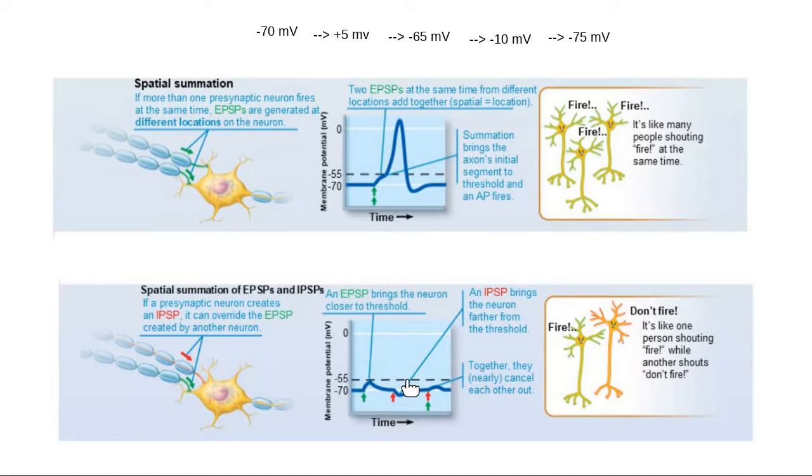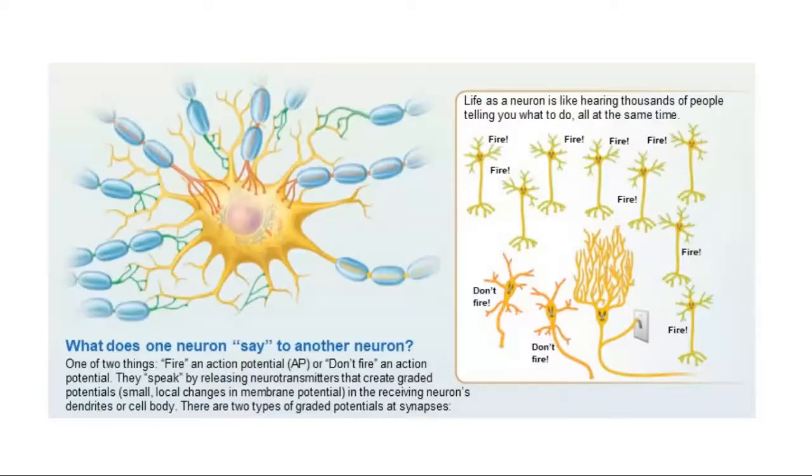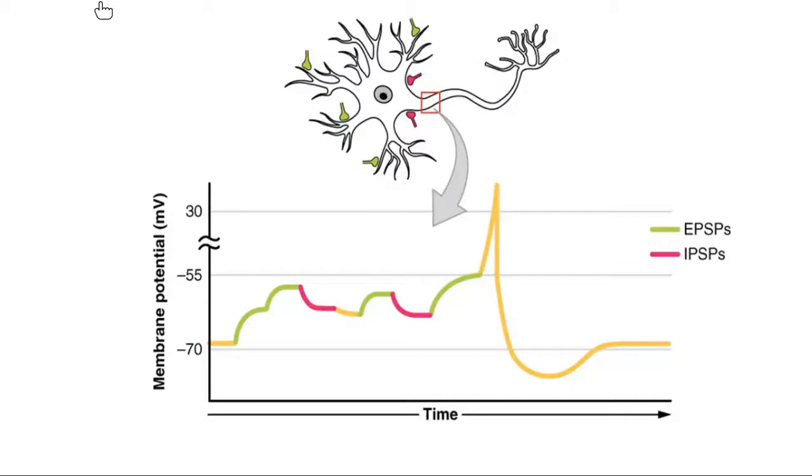So here, now that we've talked a little bit about summation, let's go back to this picture here. This is the point where voltage-gated sodium channels open. The only way a neuron can get all the way to positive 30 is if voltage-gated sodium channels open.